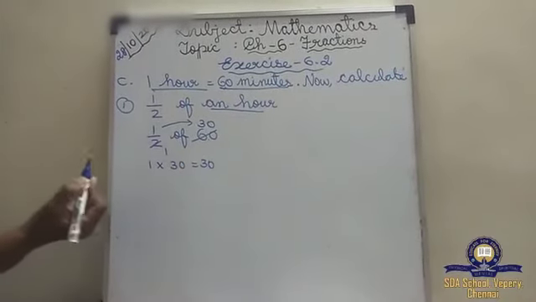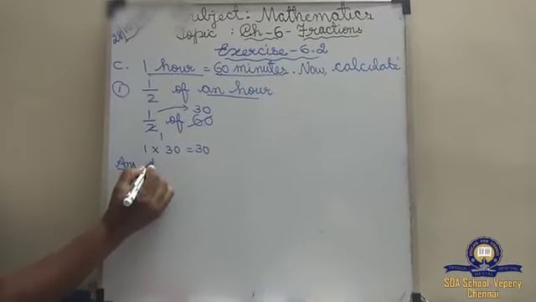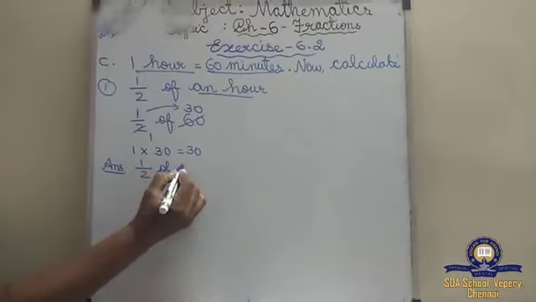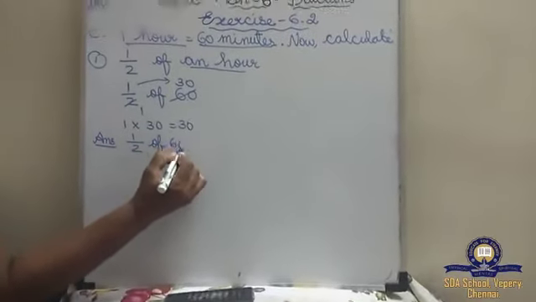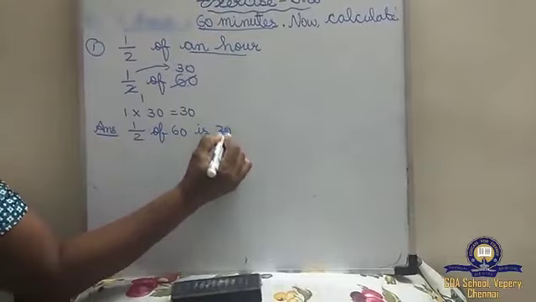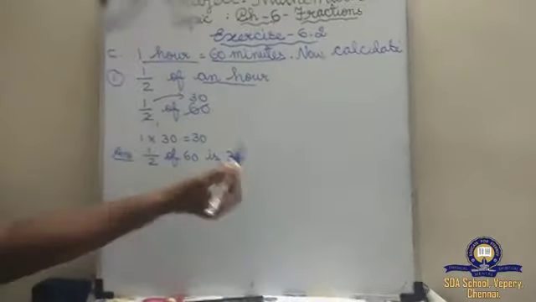So what's the answer? 1 by 2 means half, isn't it? Half of 60 is 30. Okay, children? Half of 60 is 30.